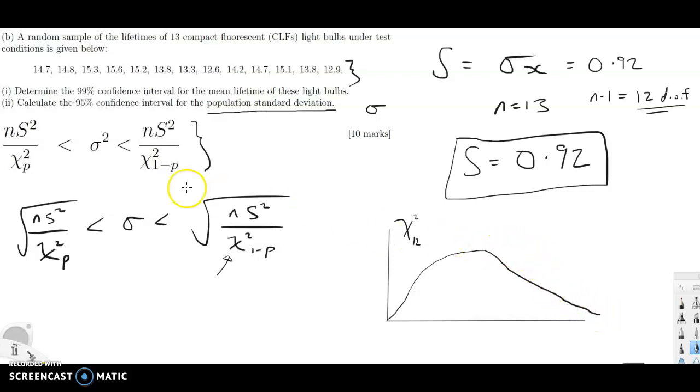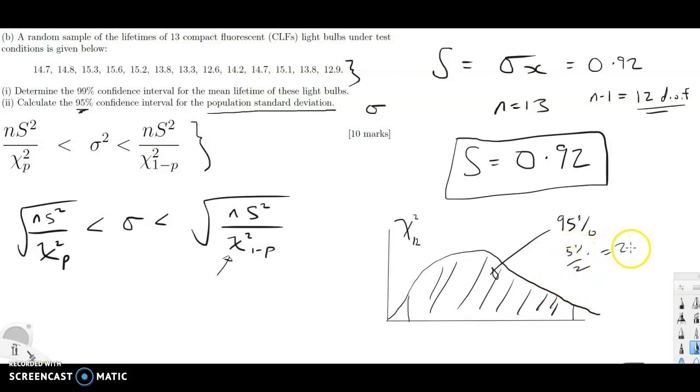Right. Now we're told that we have a 95% confidence interval. So this is going to be a two-tailed test because we're on two sides of it. So this stuff here in the middle has to come to 95%, which leaves 5% to be split between the two ends, right? 5% divided by 2 gives us 2.5%.